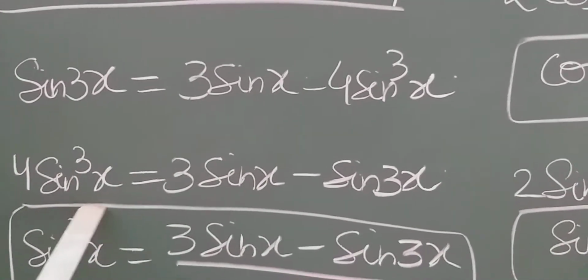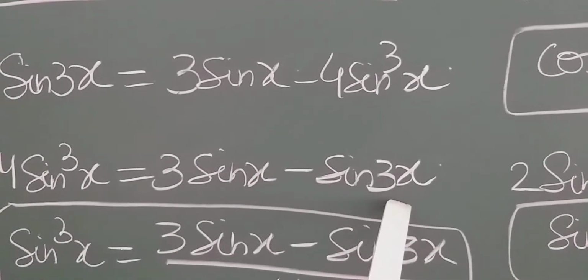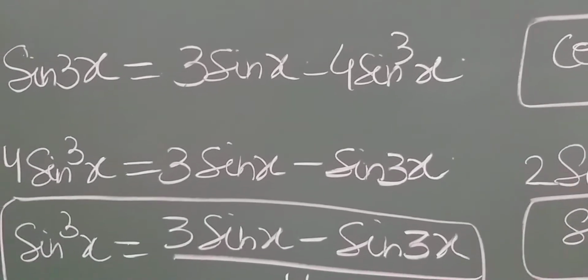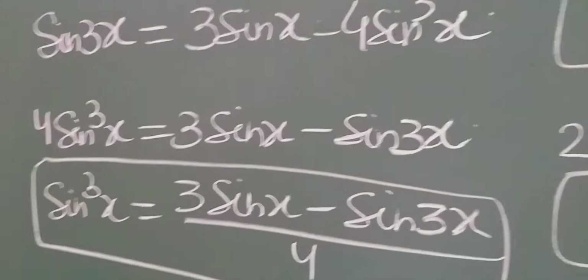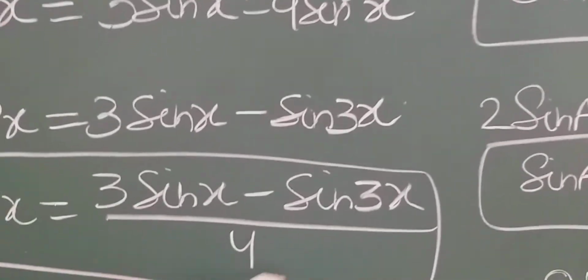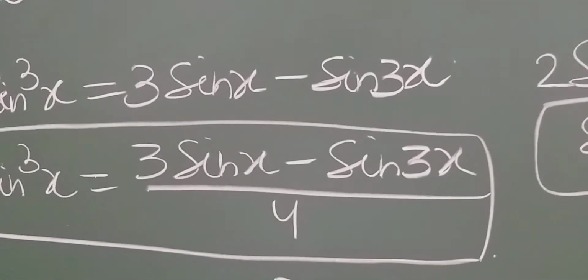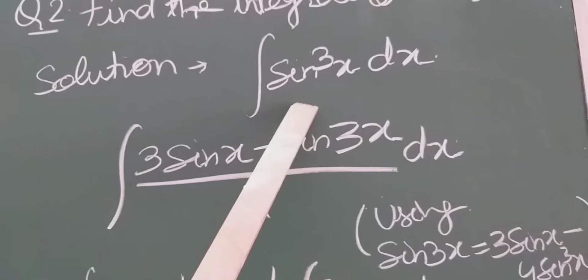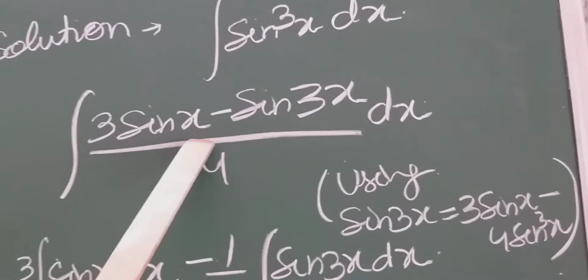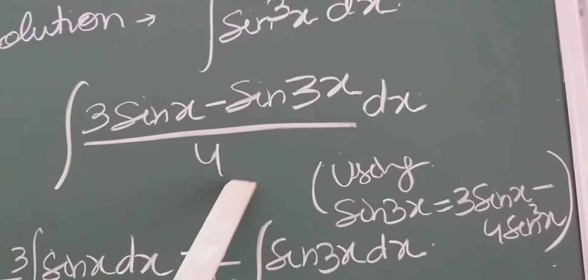Then 4 sine cube x equals 3 sine x minus sine 3x. Sine cube x equals (3 sine x minus sine 3x) upon 4. So this formula we have to use here for sine cube x, dx.